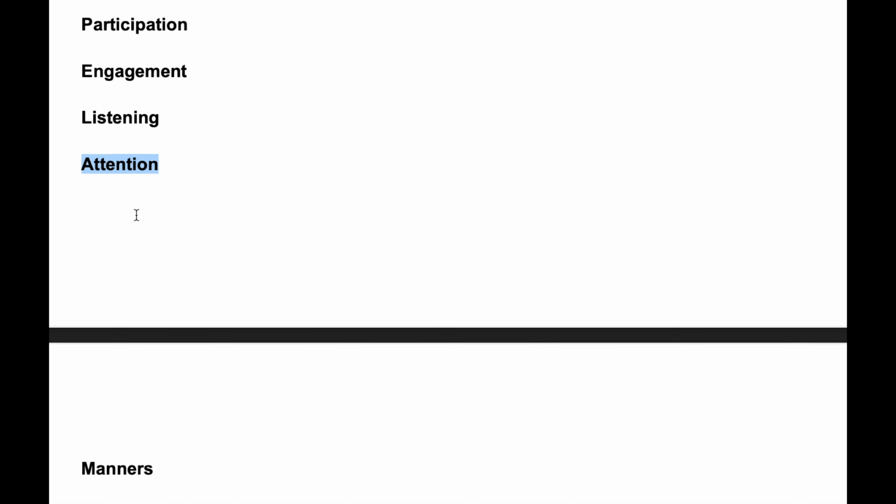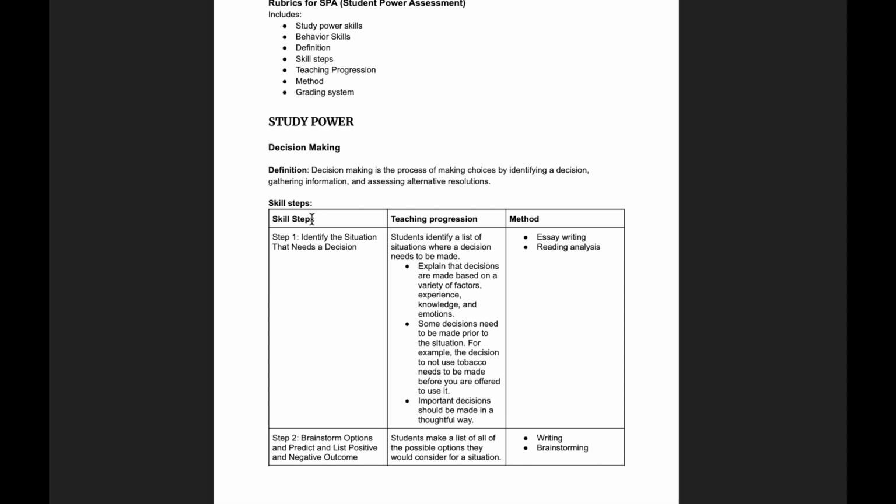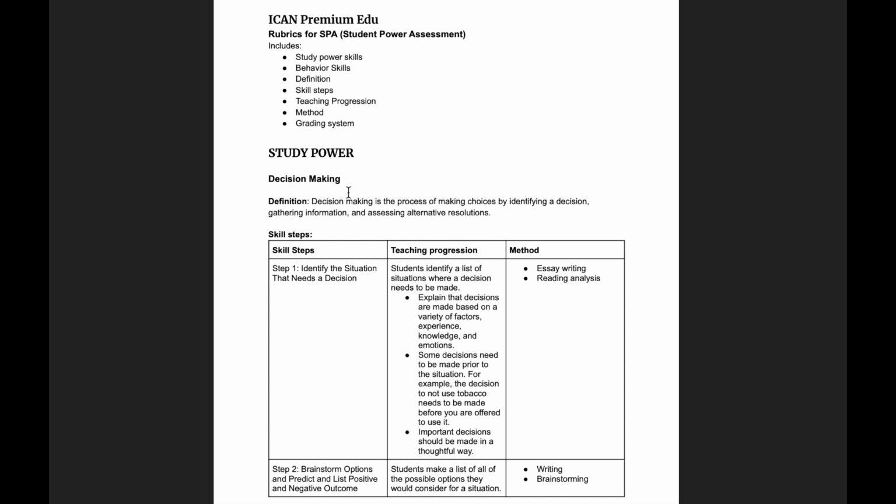But of course, our work doesn't end with how well they study. We also measure their behavior, such as participation, engagement, listening, attention, and manners. So by combining behavior and study power, we can develop students who can really excel in studying.